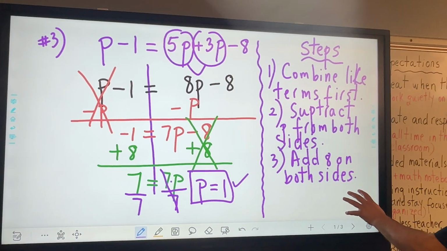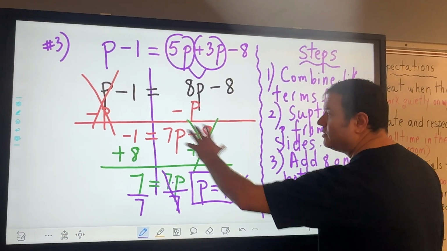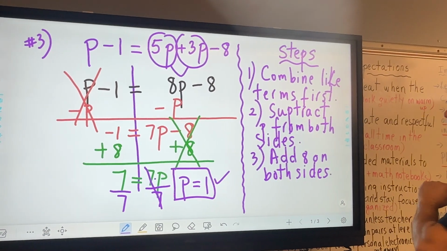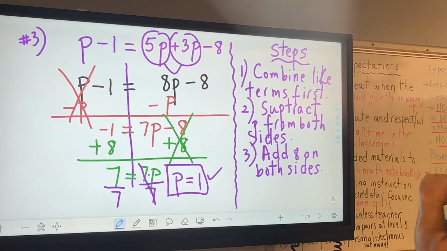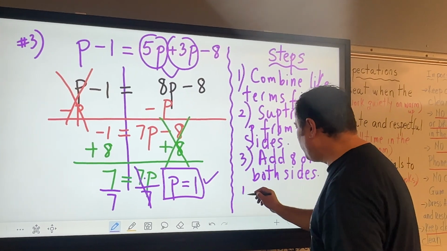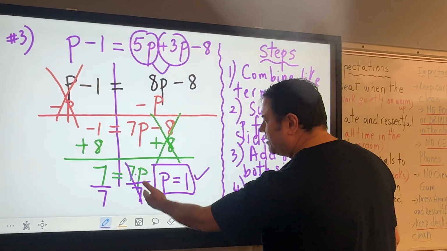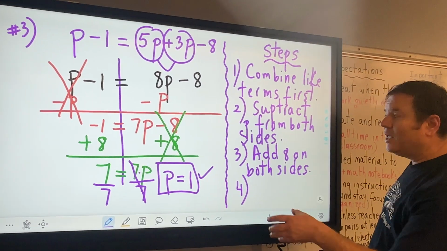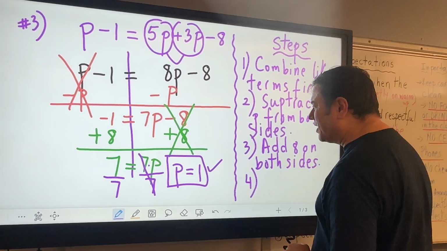By the addition property of equality, when we solve the equations, right? Addition property of equality. And step number 4, we divided both sides by 7 by the division property of equality.